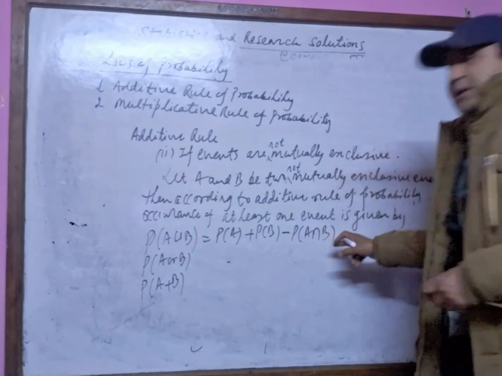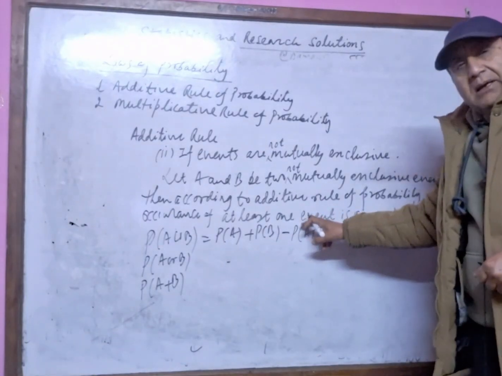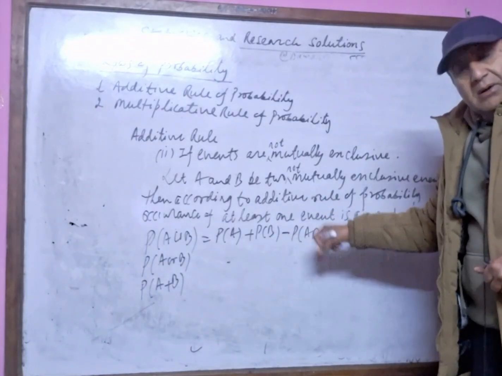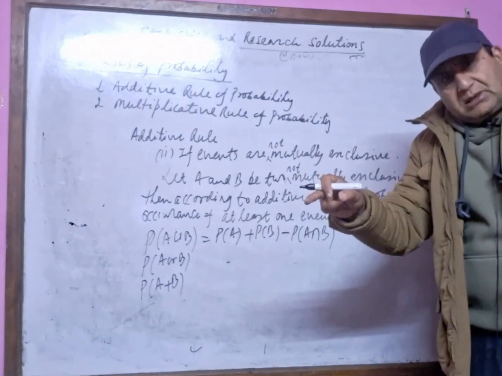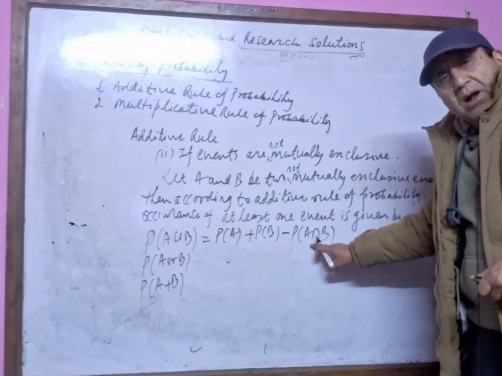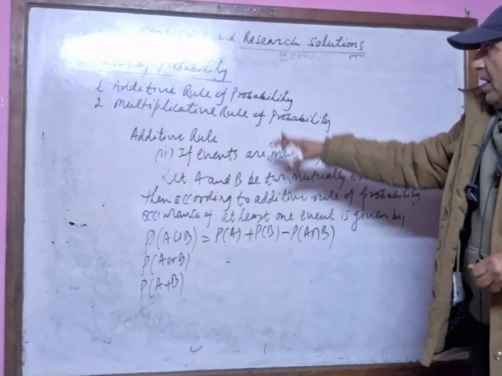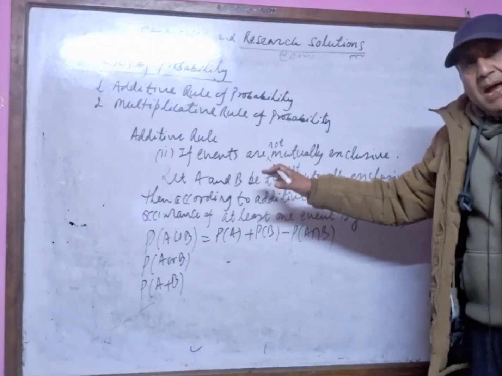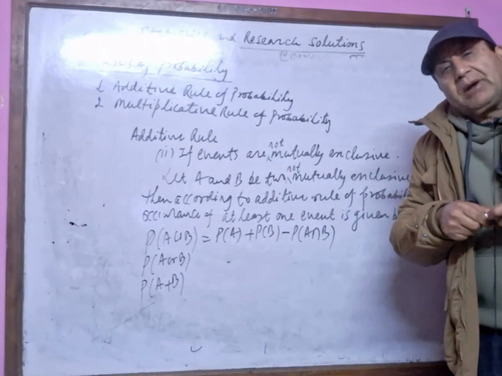Intersection means common, simultaneous occurrence of both events. The probability of both events occurring is also given, so we subtract it. In this way, we apply the additive rule to find the probability of at least one event.